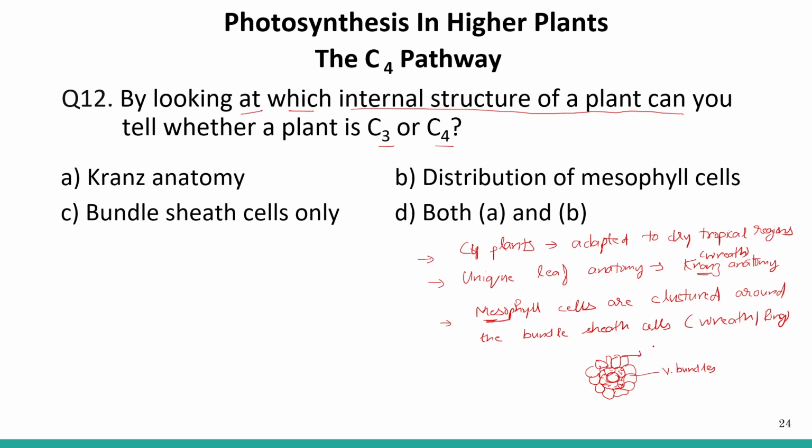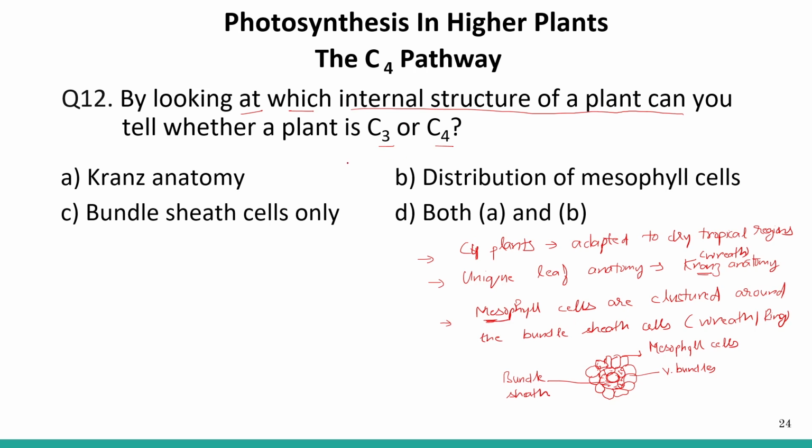So, these ones are mesophyll cells. Okay, these ones are bundle sheath cells. Alright, so this is known as the Kranz anatomy. So this is a survival strategy, or adaptation, of the C4 plants to high temperature. Okay, and because of this, there is a separation of the carbon dioxide fixation.